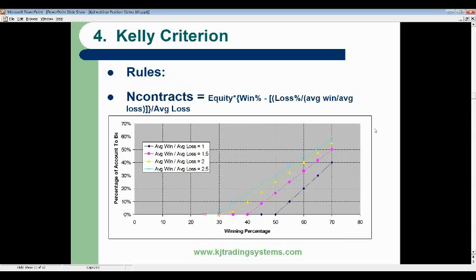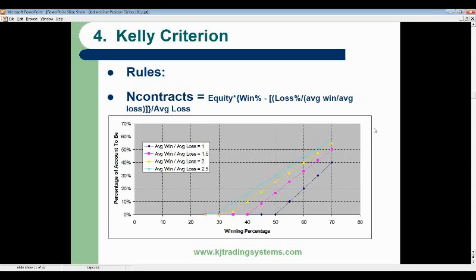Okay, the fourth one is a little more complicated. I put the formula up here. It's called the Kelly criteria. It's based on a gentleman who worked for the phone company way back when there was Ma Bell, or I think it was Ma Bell he worked for, but it's based on signal to noise ratios and that kind of thing, information basically over phone lines.